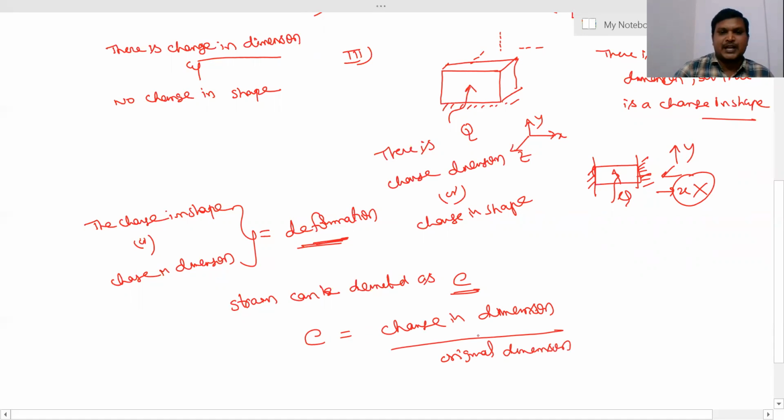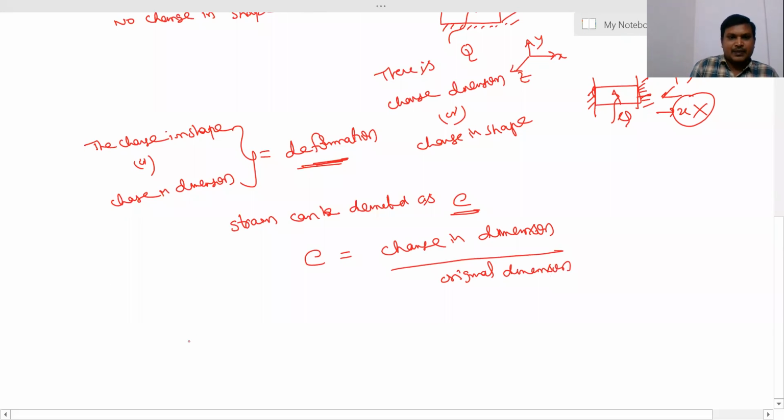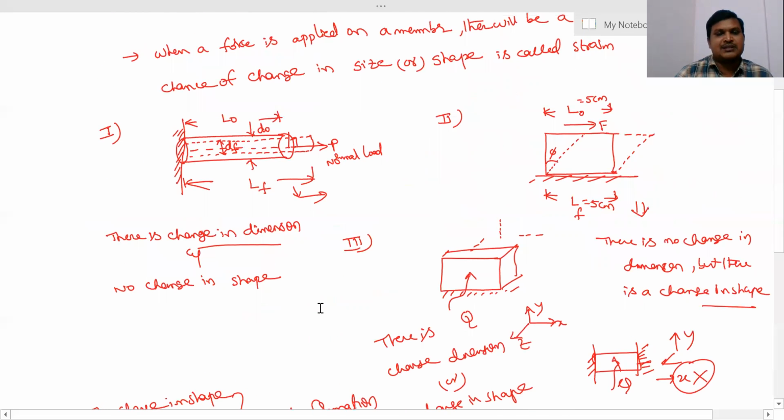In the first case, I am taking the case 1 example. So change in dimension: there are two directional changes. Length changes and the dimension or diameter also changes.